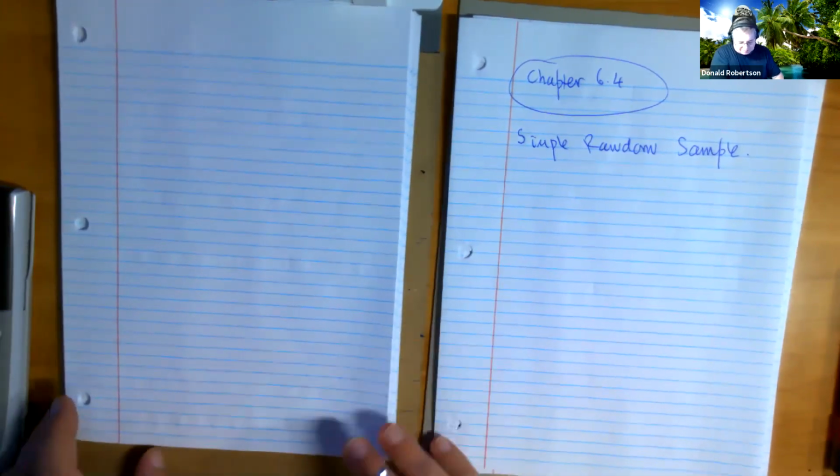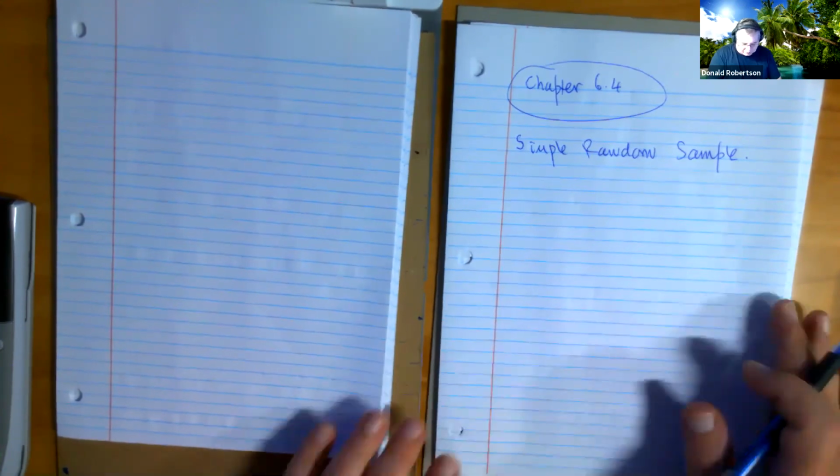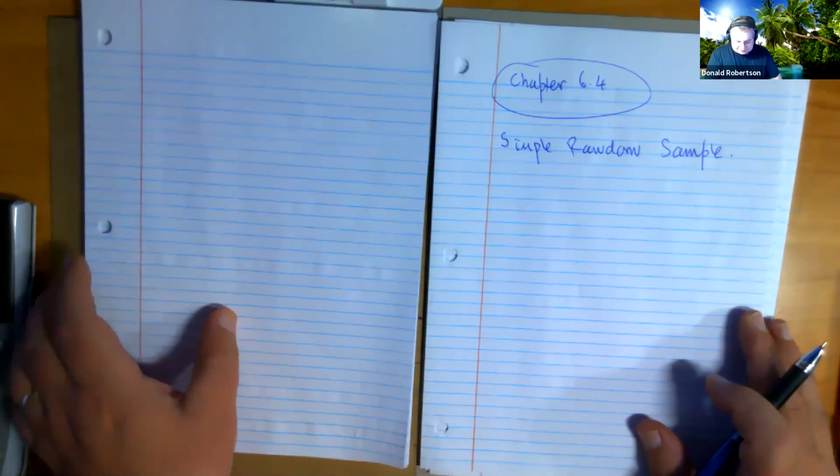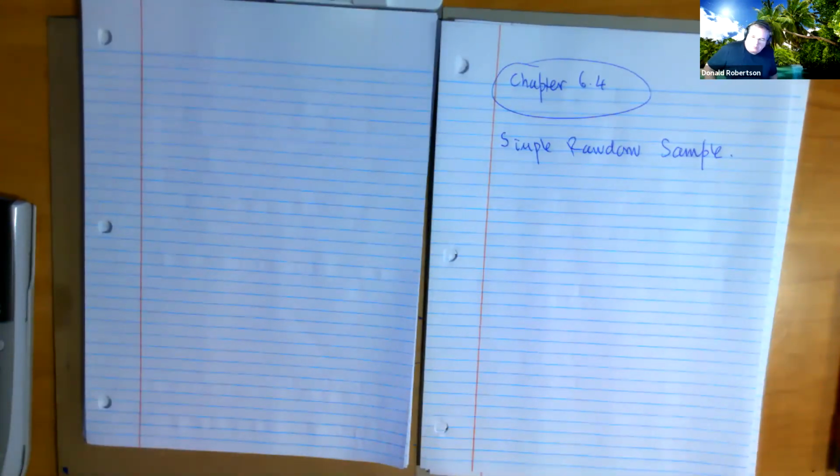Population's everybody. You just don't have the money or the time or the manpower or whatever else, and it can't be done. So what you very often do instead is that you collect a small group of people called a sample from the population. And the best version of a sample is called a simple random sample.